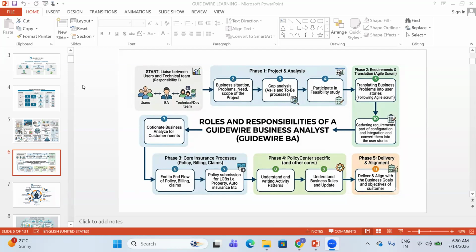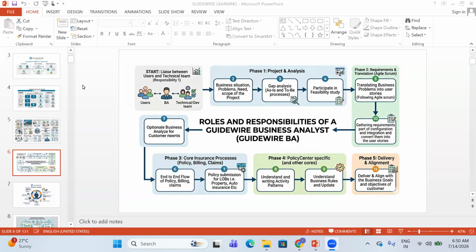Now, the second thing is that Guidewire as a product by itself has two options. A company can have the on-premise version or the cloud version. Both versions are available.